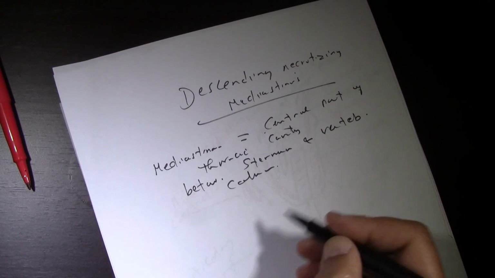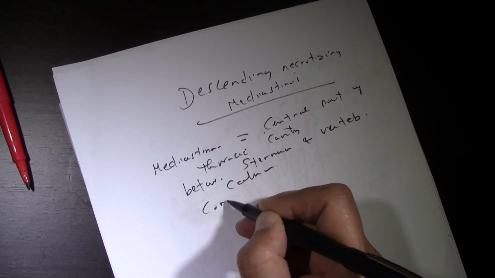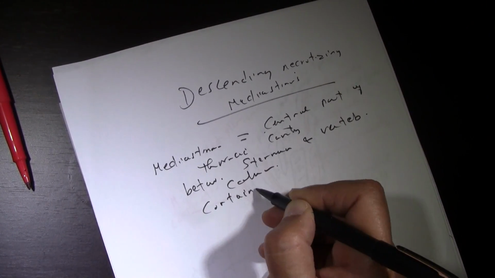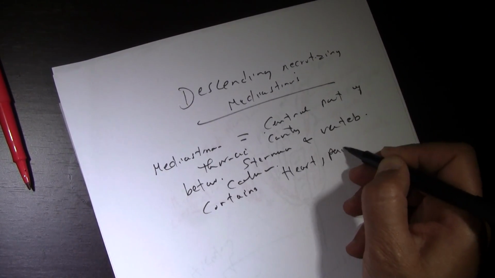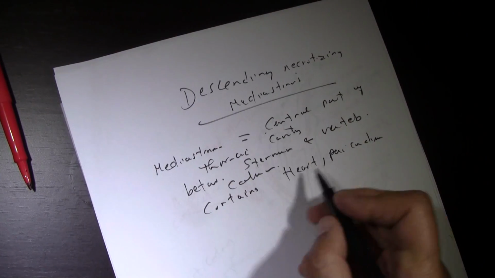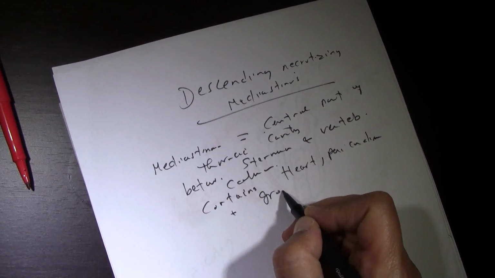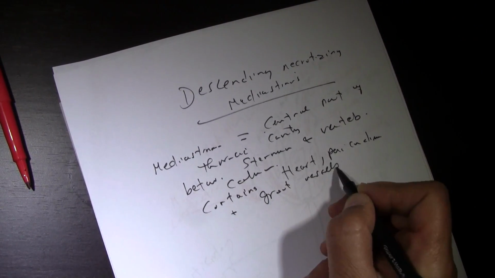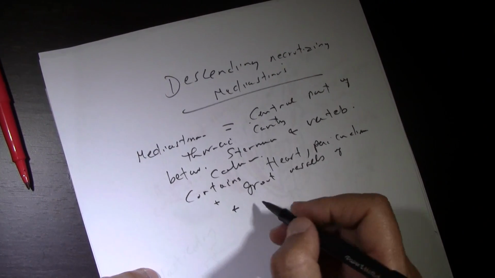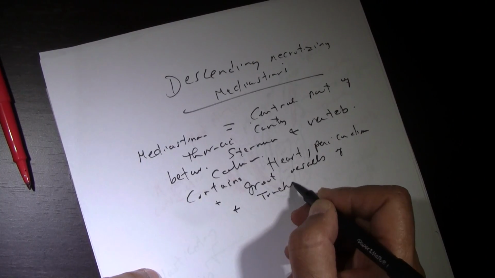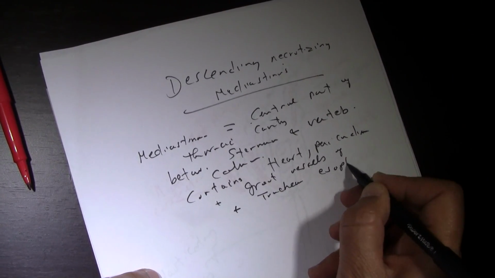Okay, the major contents here: it contains the heart, pericardium, plus great vessels of the heart, like aorta, superior vena cava, etc., plus trachea, esophagus.